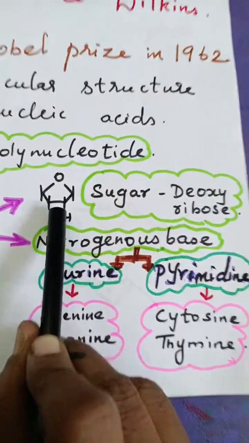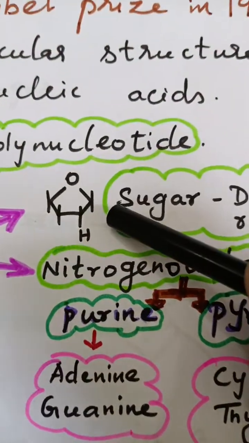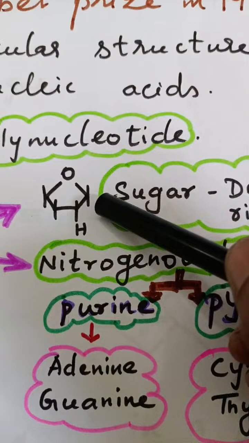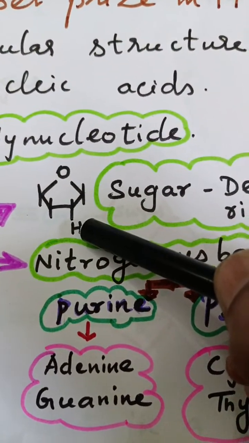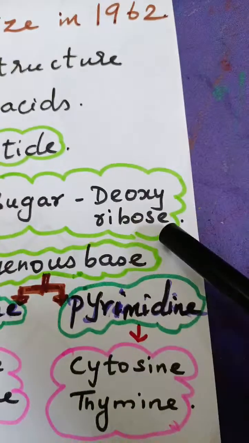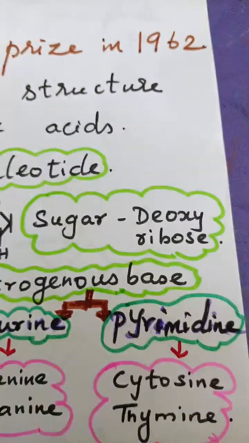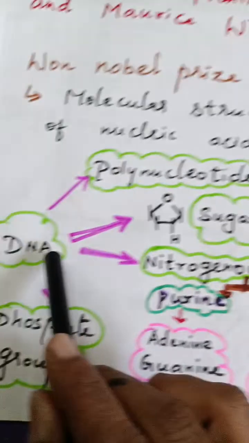If you see the structure, it is a pentose sugar, and this pentose sugar in the second position will not have an oxygen atom, so it is known as the deoxyribose. Clear? So this is the first component of the DNA molecule.